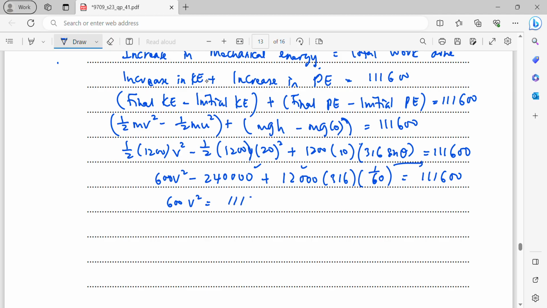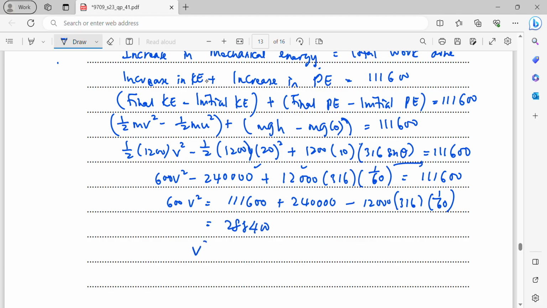So 111,600 plus 240,000 minus 12,000 times 316 times 1 over 60. So now my v squared, or this whole value, is going to be 288,400.